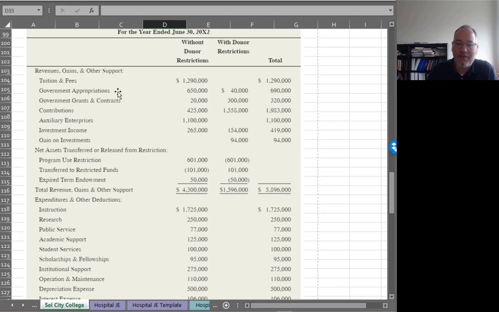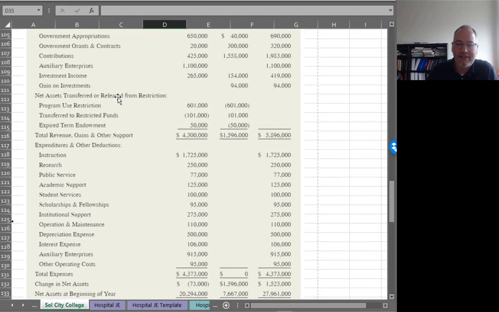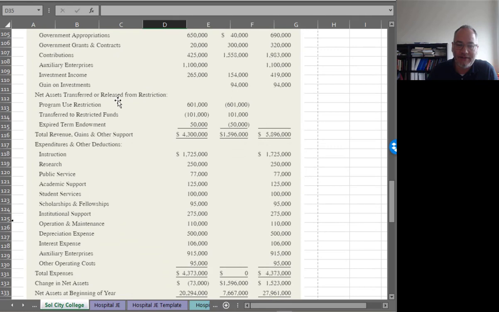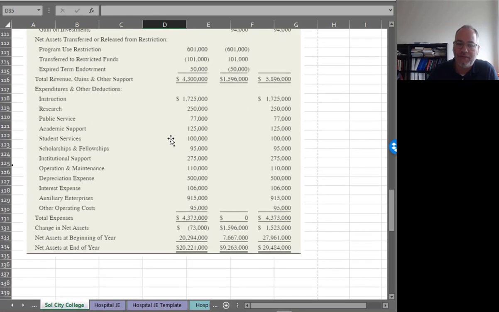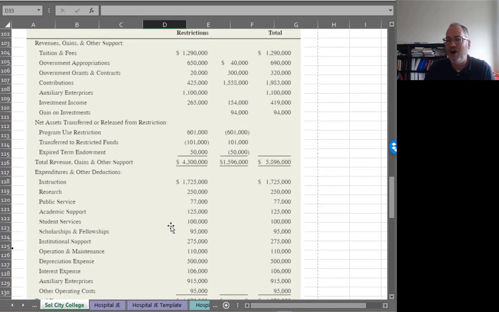Anyway, one thing which I'm not thrilled about with how they're doing this is that this is a single-step income statement, and they're presenting scholarships and fellowships all the way down here. What I've seen is that they'll present tuition and fees revenue at the top, and then they'll subtract scholarships and fellowships immediately. So you have a three-step income statement. This is really a one-step income statement here. I usually see 2 or 3 steps in this.